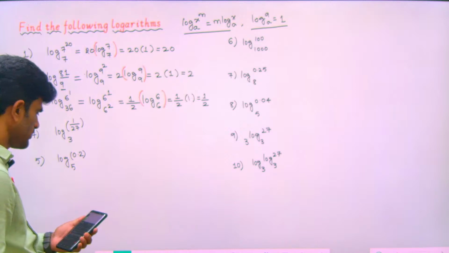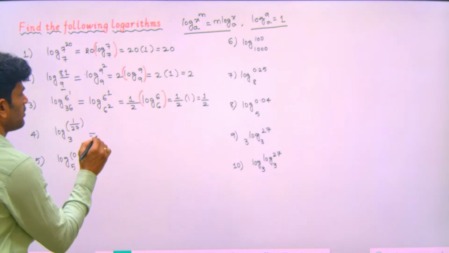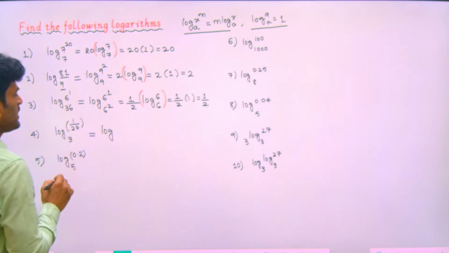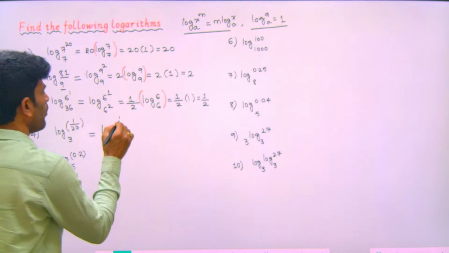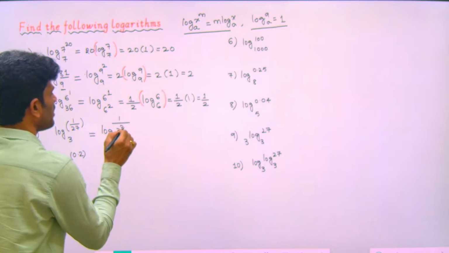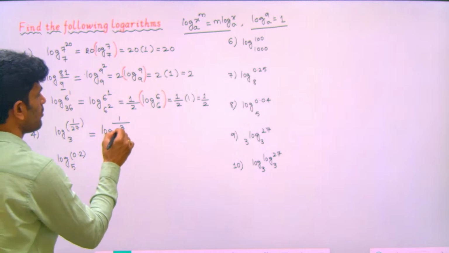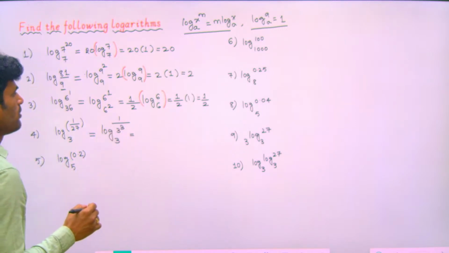Now coming to the next. We can write this as log of 1 by 27, and 27 should be expressed in terms of 3. How can we write it? 1 by 3 power 3 to the base 3. You know 1 by 3 power 3 can be written as 3 power minus 3.